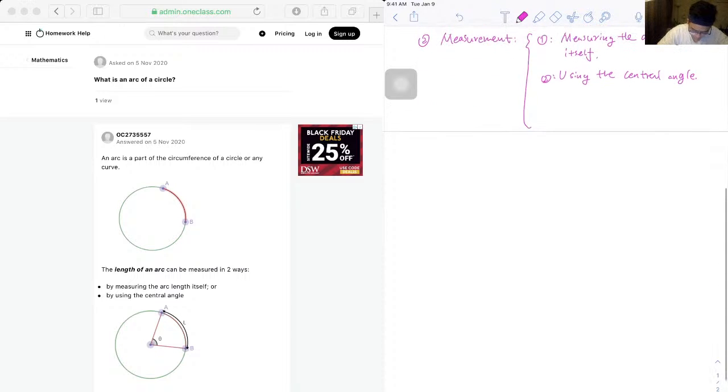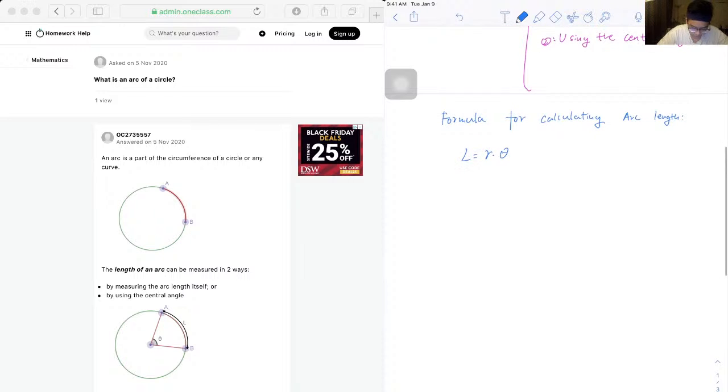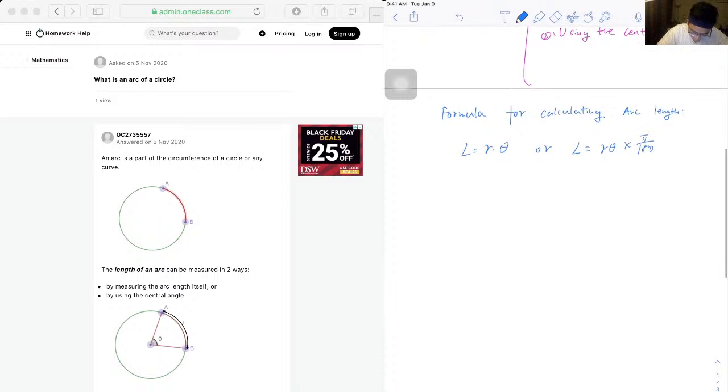Okay, and so the formula for calculating arc length should be either L is equal to R times theta, where theta is in radians, or L is equal to R theta times pi over 180, where theta is in degree.